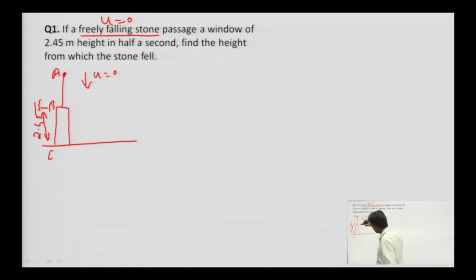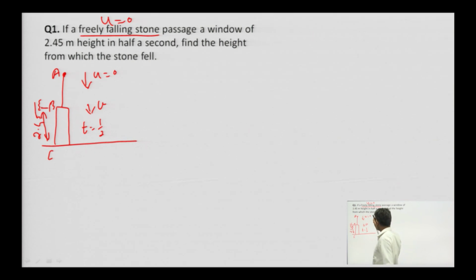And the time taken to cover this distance is t equal to half second. Since u is equal to 0, here the final velocity is v.